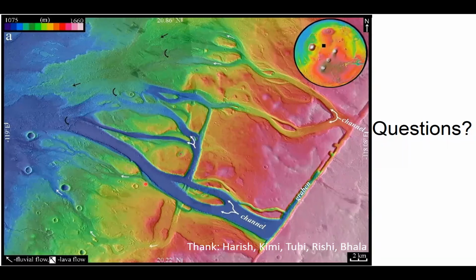To answer the second part, how the lava interacted with ice and made the catastrophic event, I have shown only one part of this theory. If you look at the screen, where the black square is located, that is the place where this channel has formed, and this entire place has been mantled by ice, or ice deposits, in the Noachian epoch.